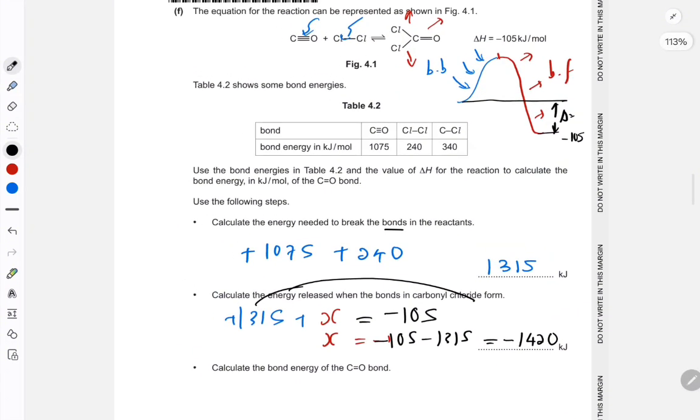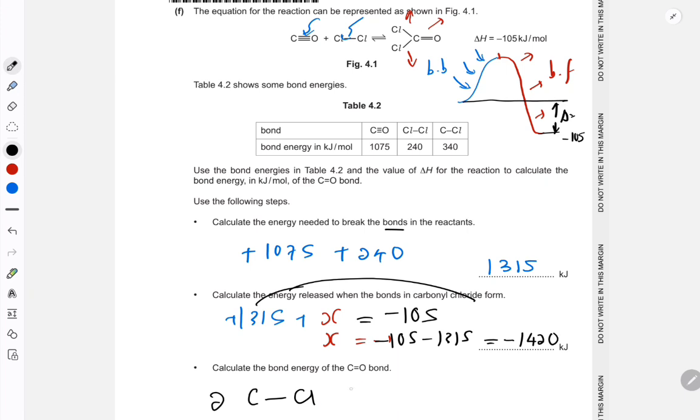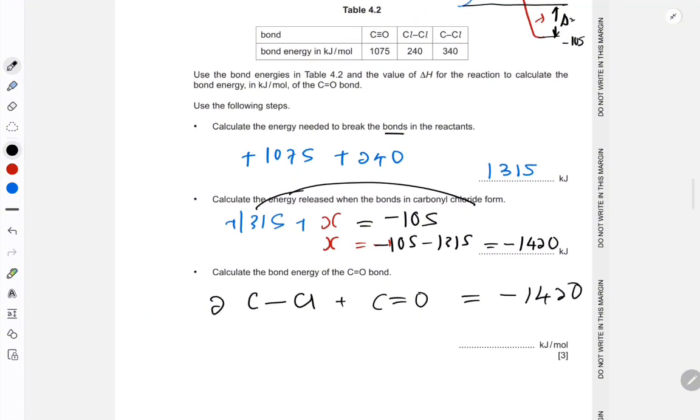Now we break it up into all the different bonds. You can see here, you have 2 CCl plus the C double bond O. This is all equal to negative 1420. So what is the value of the 2 CCl? 2 CCl is 340.